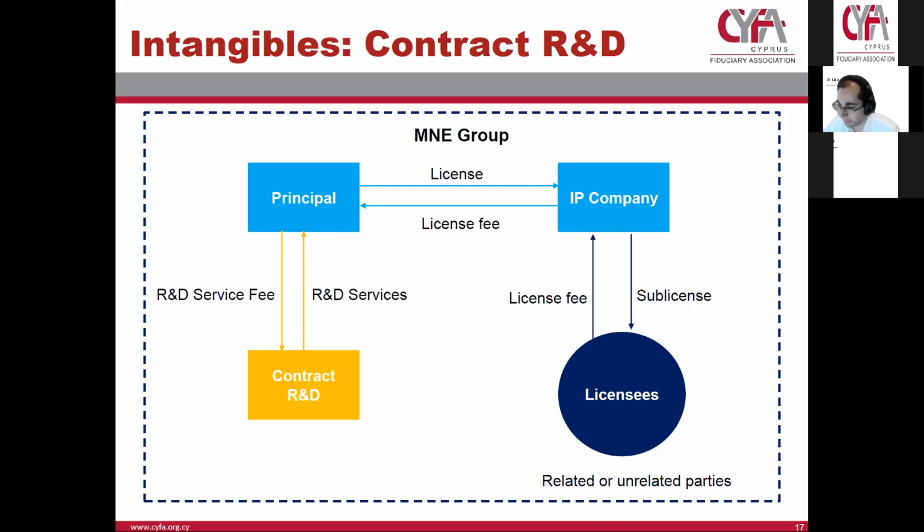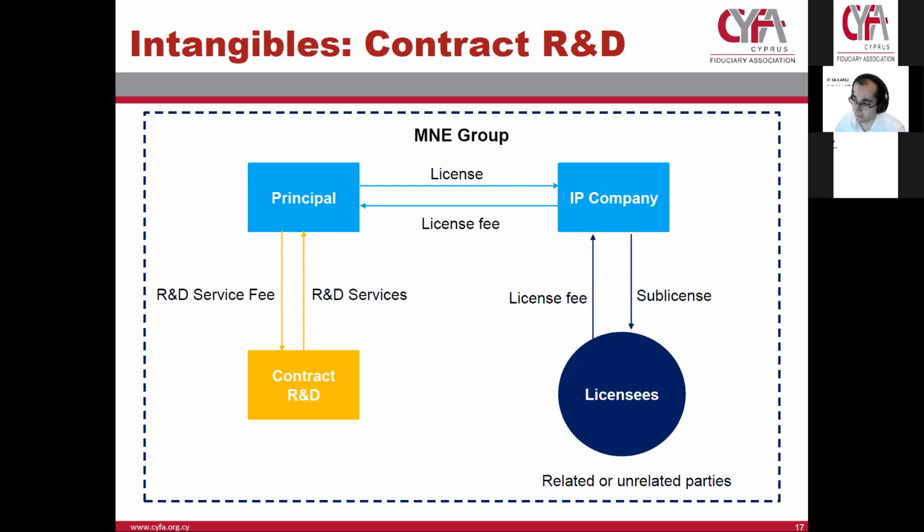The IP company may have different functional profiles. It may be an agent with very limited functions and risks, where it will be expected to earn very much something like a service fee, or it may be a risk-taking entity that adds value to the business and that performs a number of functions such as IP protection, maybe maintenance, maybe it invests on various aspects in relation to the IP.